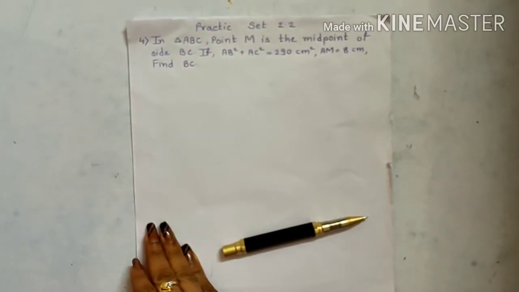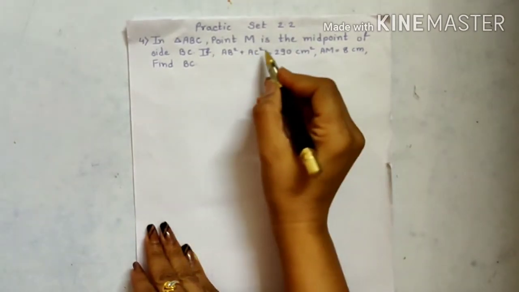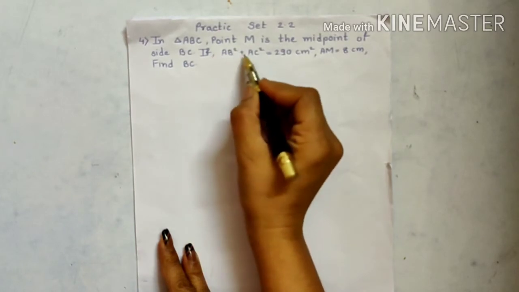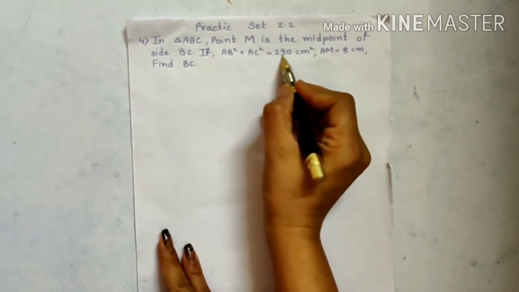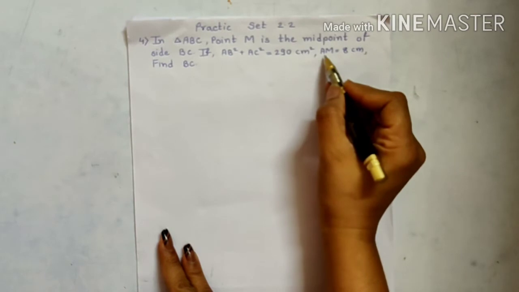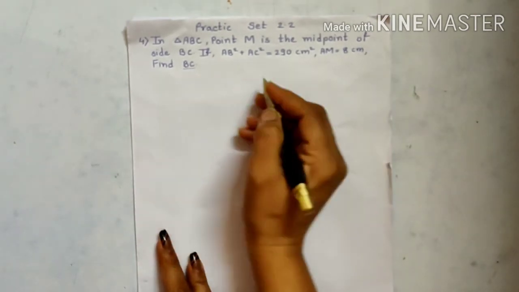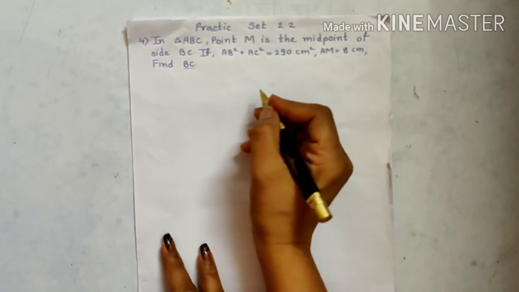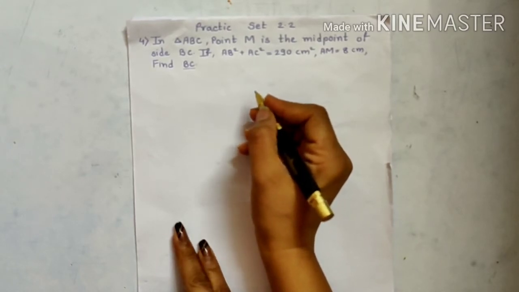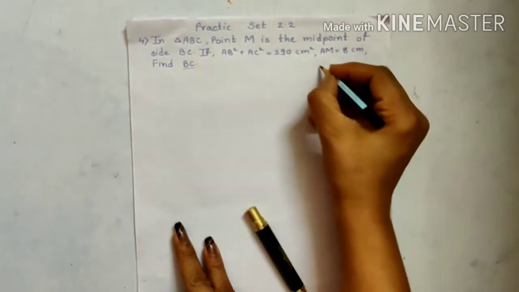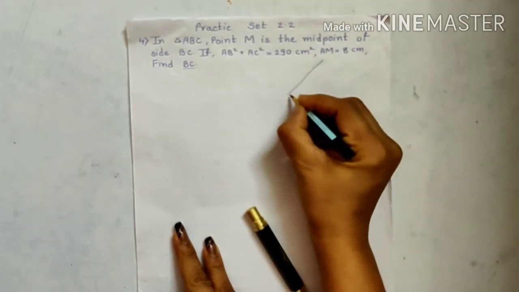Practice set 2.2, question number 4. In triangle ABC, point M is the midpoint of side BC. If AB square plus AC square is equal to 290 cm square, AM is equal to 8, then find BC. Okay, so first draw the diagram.